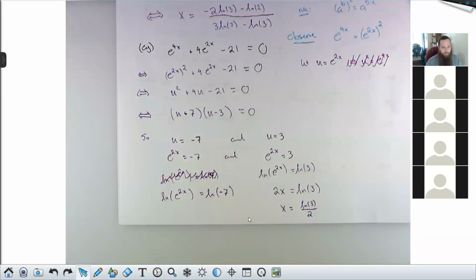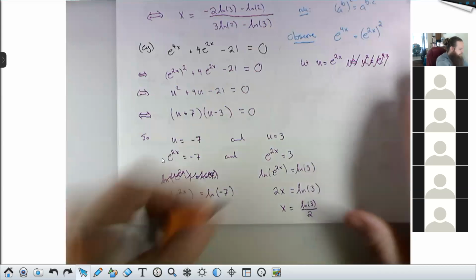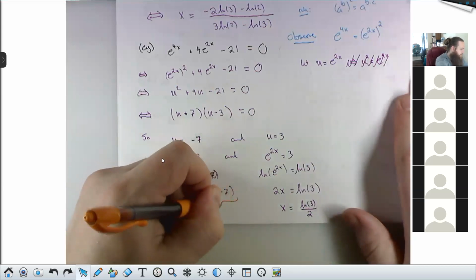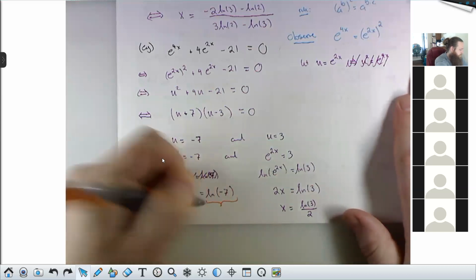Does anybody have anything to say about this expression here? It doesn't exist because of the negative. Excellent. The natural log of -7 is not a real number.